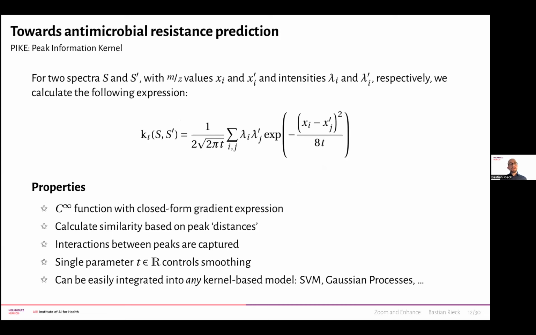The PIKE kernel essentially represents a spectrum as a kind of diffusion process, as a kind of heat diffusion of the data, and it represents the X values and the intensity values of the spectrum in order to see how close they are. Now, the nice properties of this kernel are that we're essentially dealing with a C infinity function that has a closed form gradient expression.